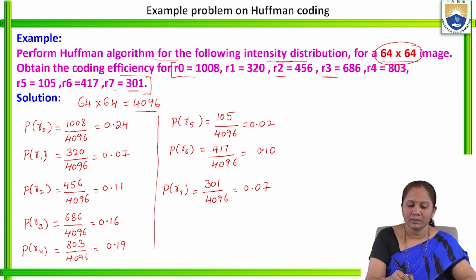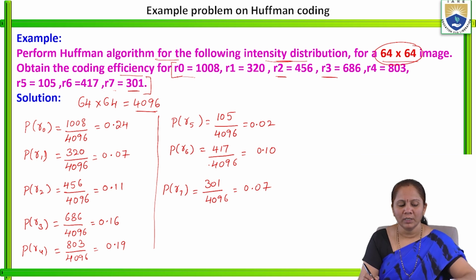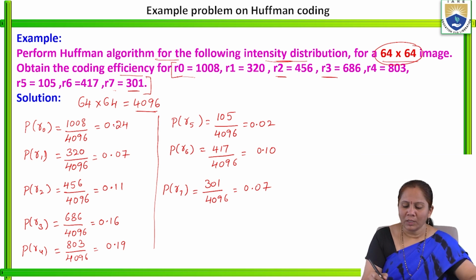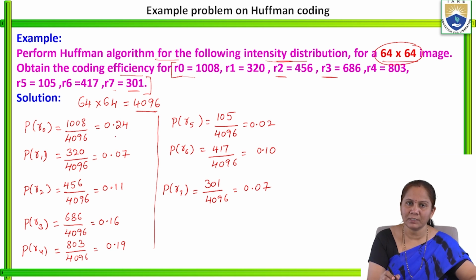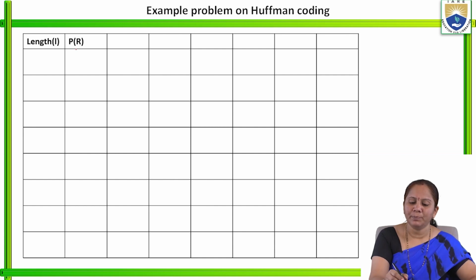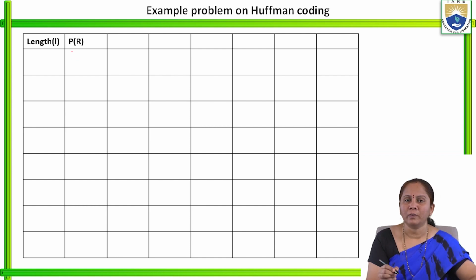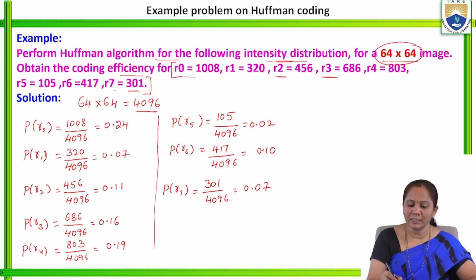Here P of R represents the probability of R0, R1, R2, and so on up to the given symbols. So the first highest is 0.24.